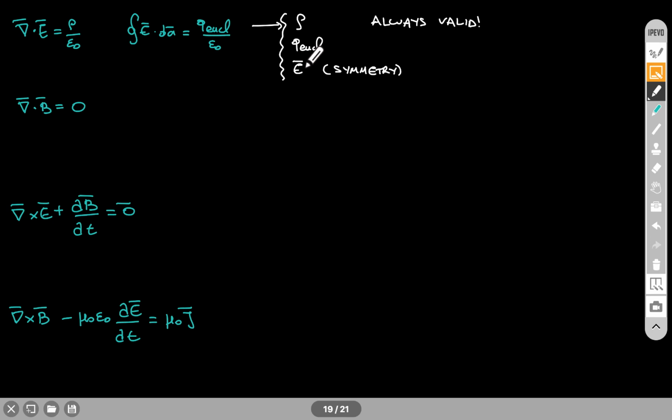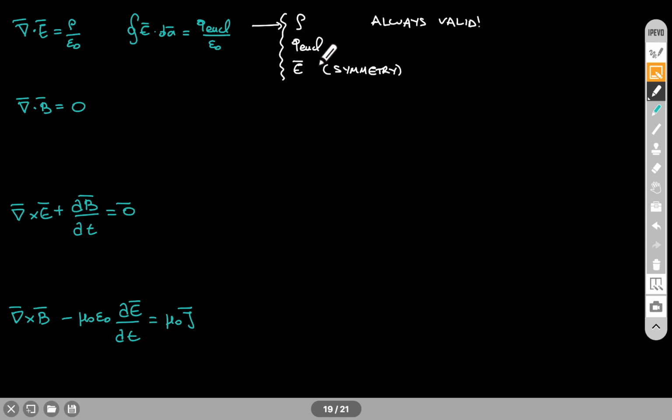You cannot find the electric field using Gauss's law if your situation does not include symmetry. And that's what we did. Every time we had spherical or cylindrical symmetry, we were able to take the magnitude of the electric field out of the integral and then solve for E. So remember, Gauss's law, always valid, not always useful.